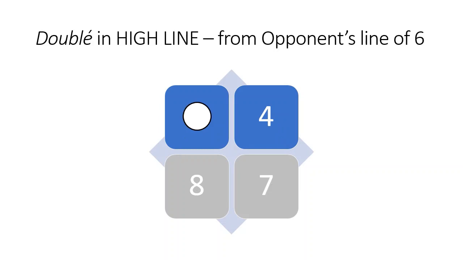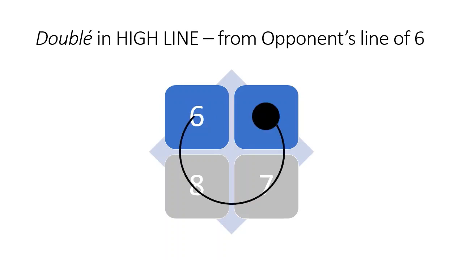The double in the high line, again beginning in the opponent's line of 6, begins with the same feint into the inside high line, but then continues in the same direction, making a complete circle to finish again in the inside high line.